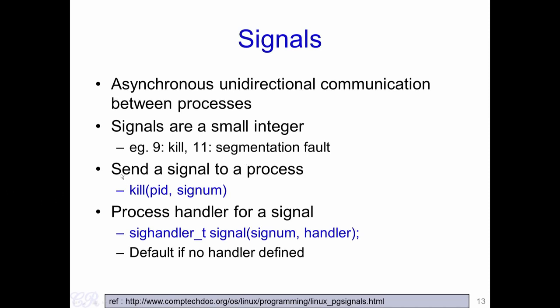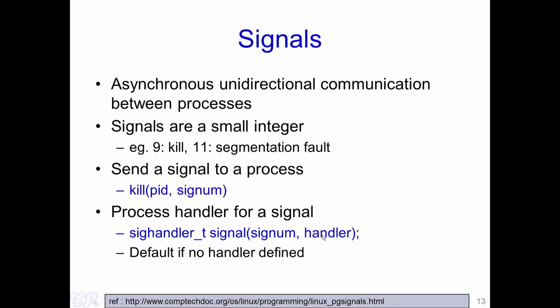In order to send a signal to a process, we could, for instance, have kill, send it to this PID, and we could send this particular signal number, which is an integer. In order that the process handles that signal, it has to define this particular function called signal, which takes the signal number, for instance 9 or 11, and then the handler.